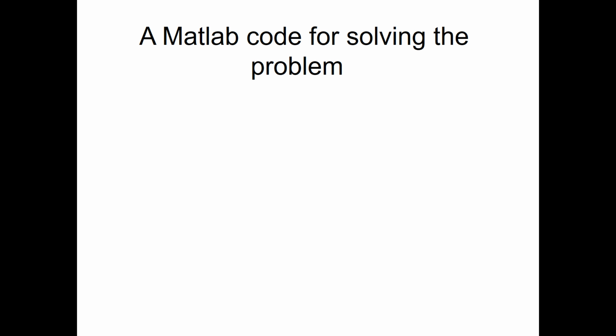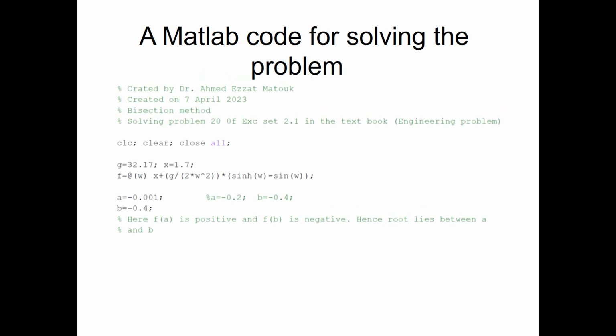First, we will put the inputs of the bisection algorithm. The inputs are the function and the parameters g, the numerical values of parameter g and x, and the function f of w.